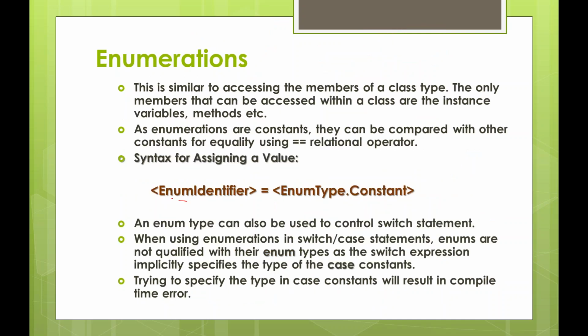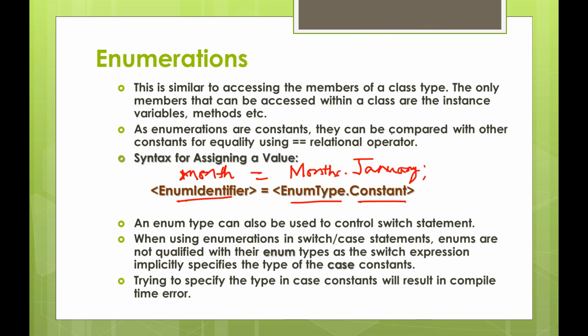So how do we do that? We do that using the enum identifier, that is our months, then enum type dot constant, whichever constant you want, such as January.